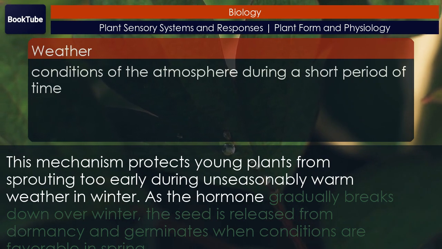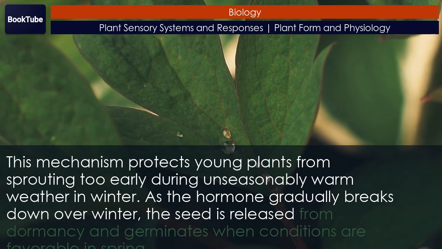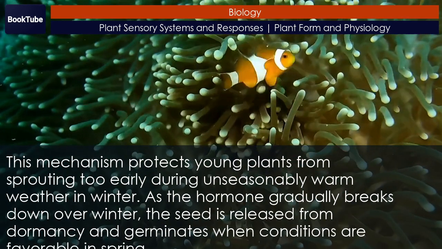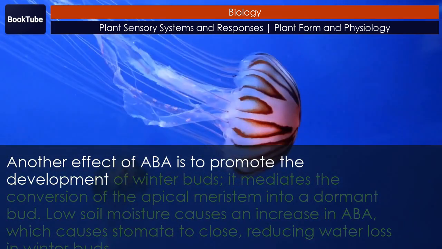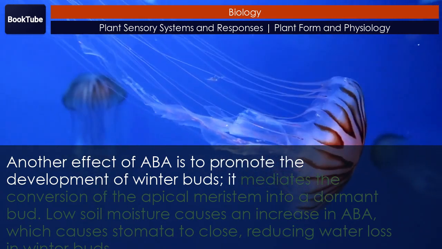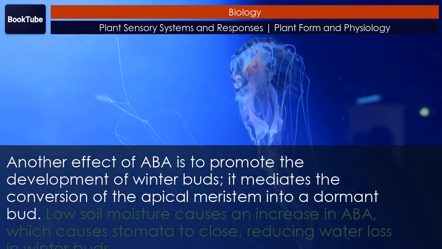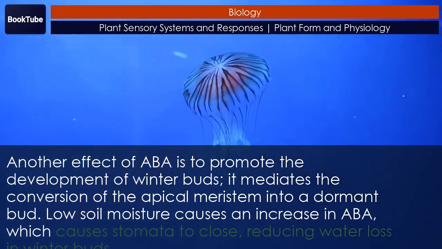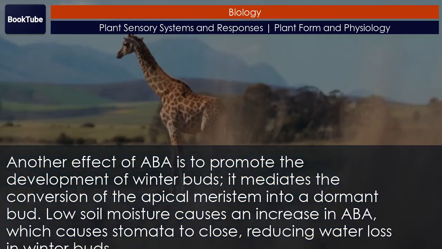As the hormone gradually breaks down over winter, the seed is released from dormancy and germinates when conditions are favorable in spring. Another effect of ABA is to promote the development of winter buds. It mediates the conversion of the apical meristem into a dormant bud. Low soil moisture causes an increase in ABA, which causes stomata to close, reducing water loss in winter buds.